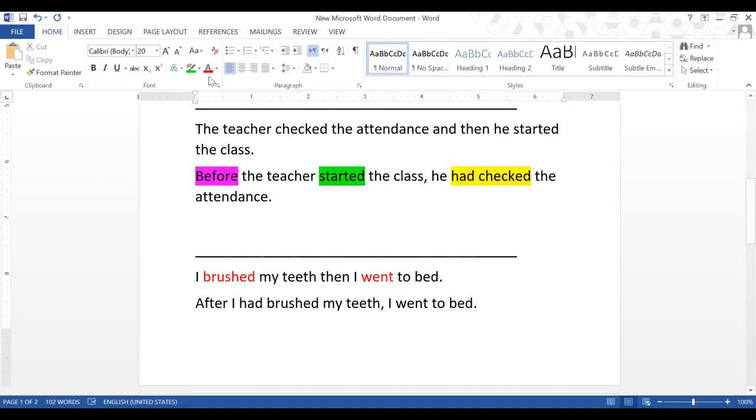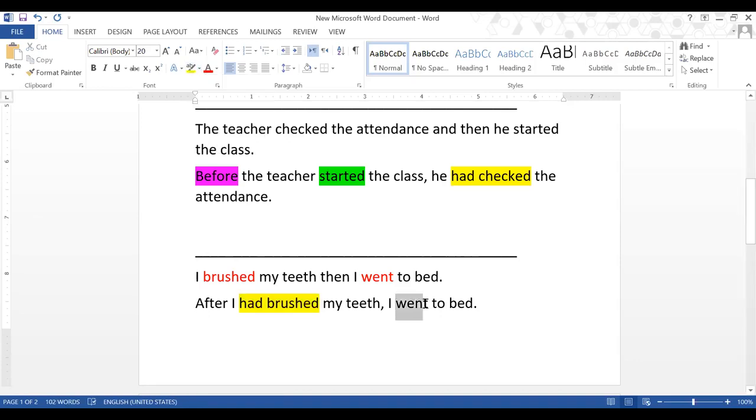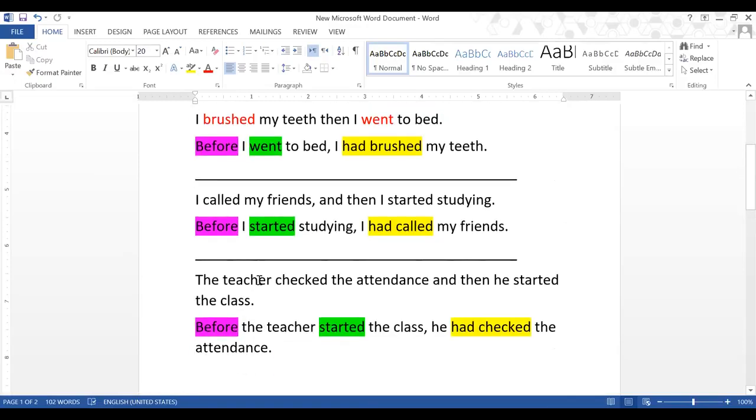Same, you have two verbs, had brushed, went, but what happened is that I changed the clauses, or I switched between them. So here I started with had brushed, and here I am writing went. Why?